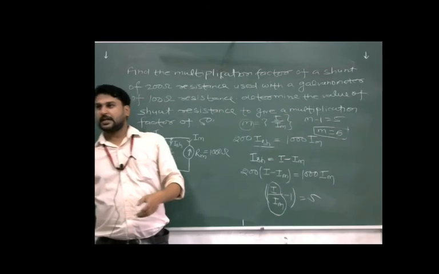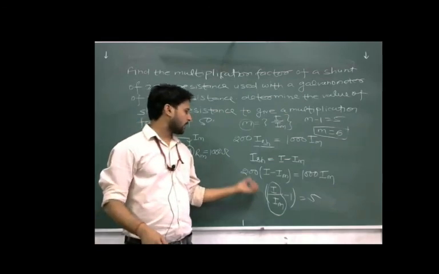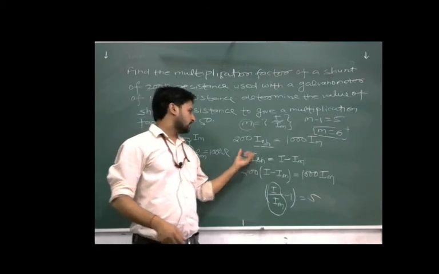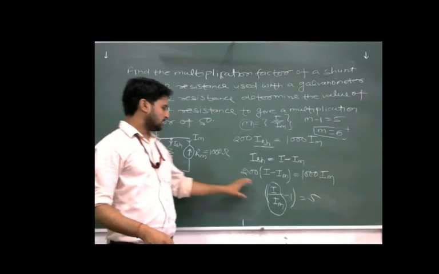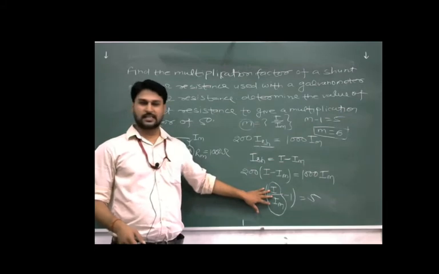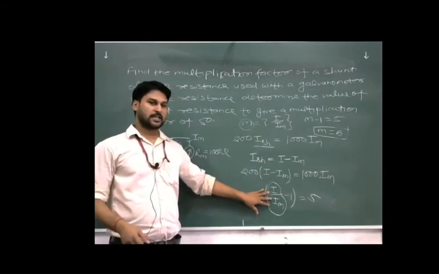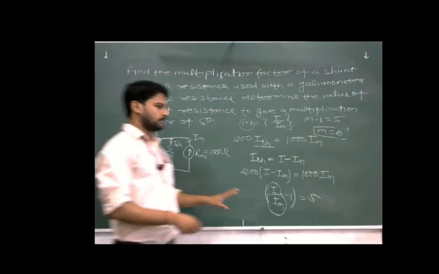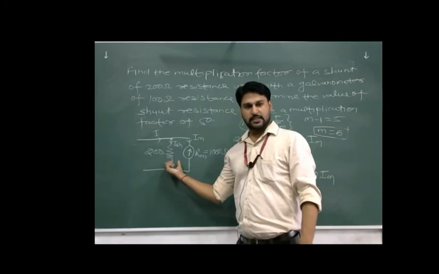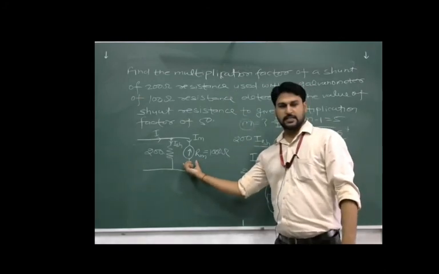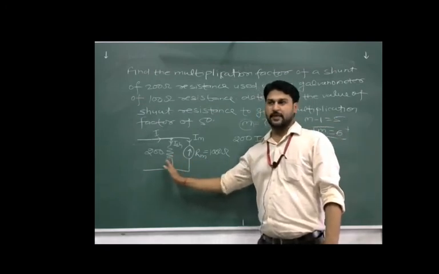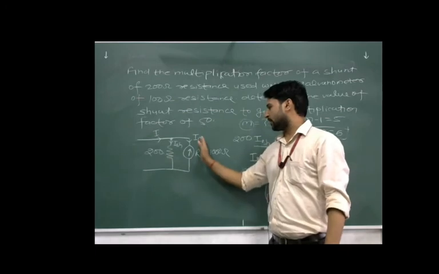So by using this procedure, we can remove the value of RSH by using KCL, and finally we have to find this ratio I divided by Im, and this ratio is known as the multiplication factor. So what we have done till now, we calculated the voltage in this branch, we calculated the voltage in this branch, and because these two branches are connected in parallel, the voltage in this branch will be equal to the voltage in this branch.